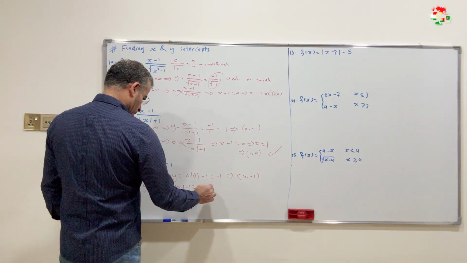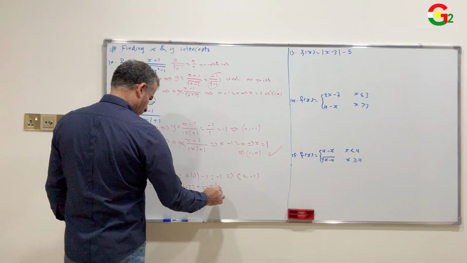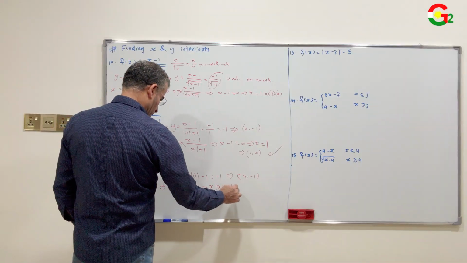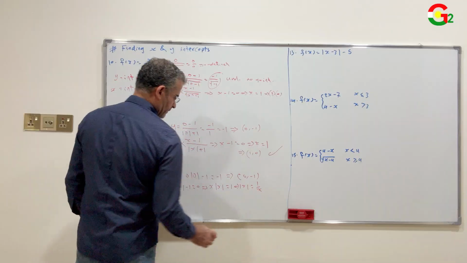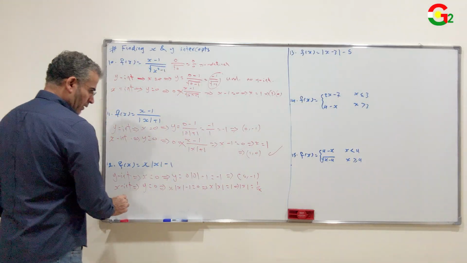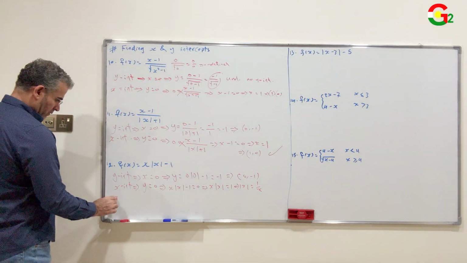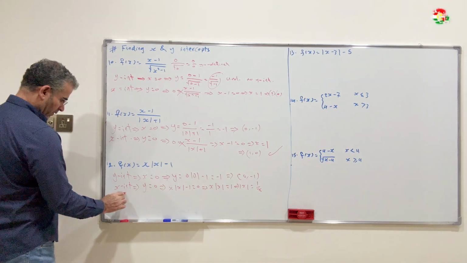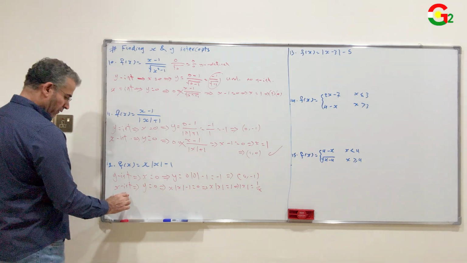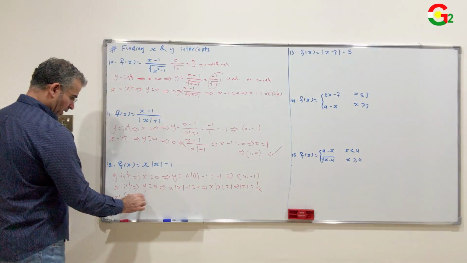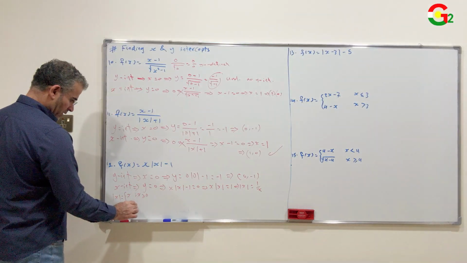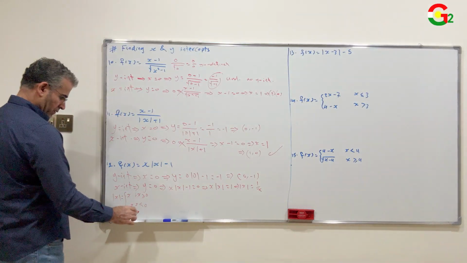Then x times absolute value of x equals 1, then absolute value of x equals 1 over x. We remove the absolute value using the definition of the absolute value to find the value of x. It is x when x is greater than or equal to 0, negative x when x is less than 0.